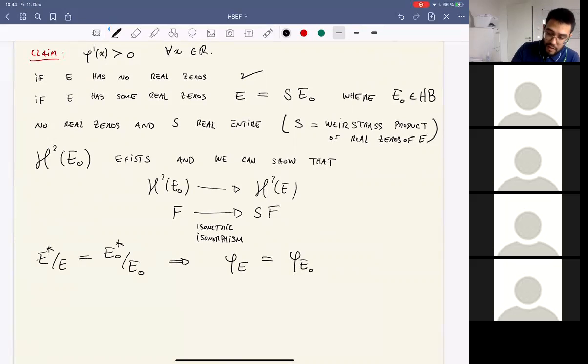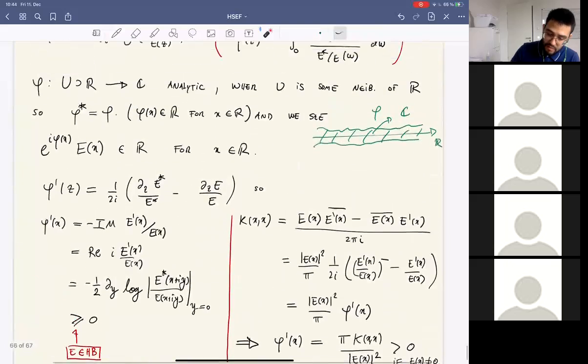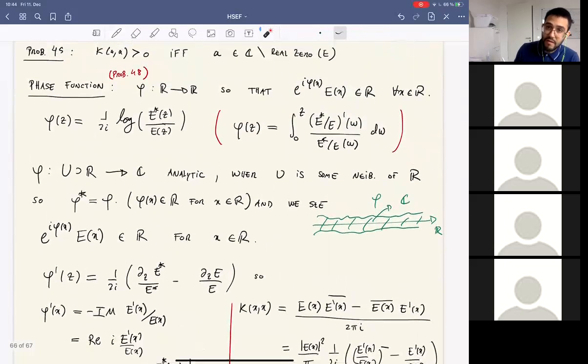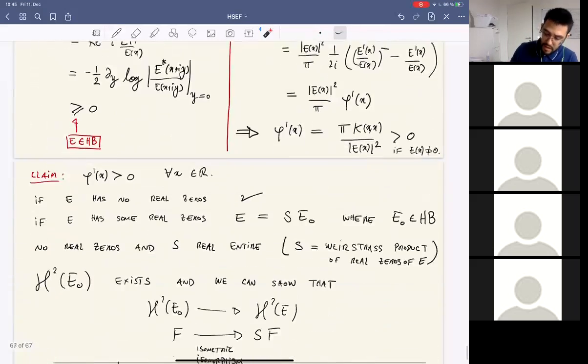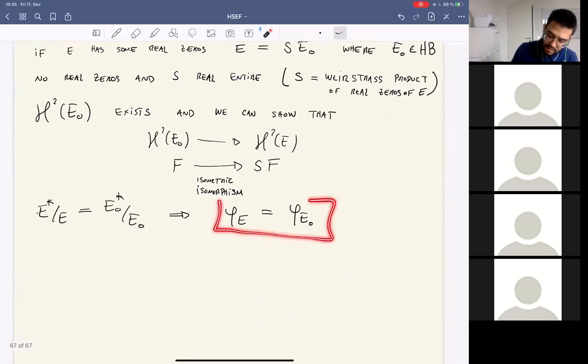At least in the standard way that I defined, because these functions are defined modulo adding some integer multiple of pi, because whenever you take the imaginary part of the log, you have this problem, which would be equivalent to just taking a different initial point here. But if I always take 0, then there will be a predefined thing. So phi is completely defined in terms of E, and therefore this identity here will hold.